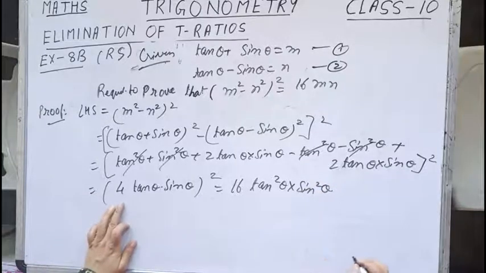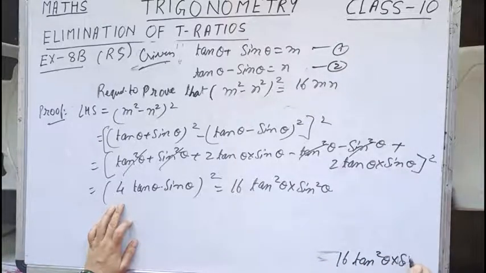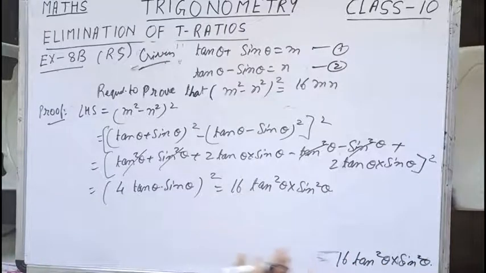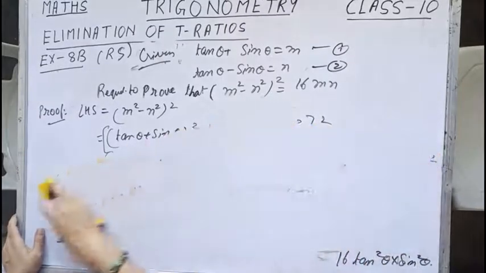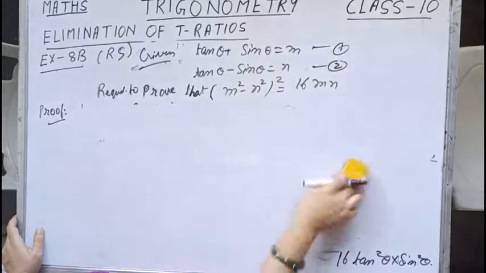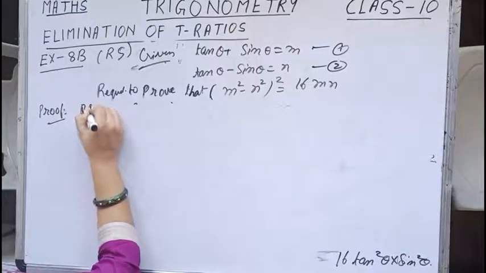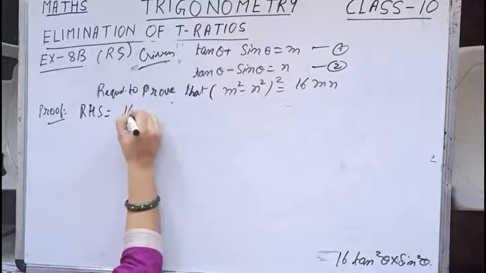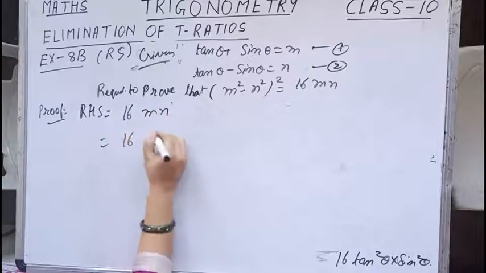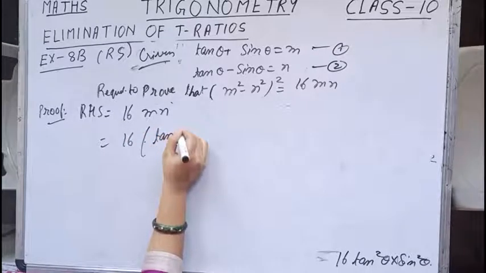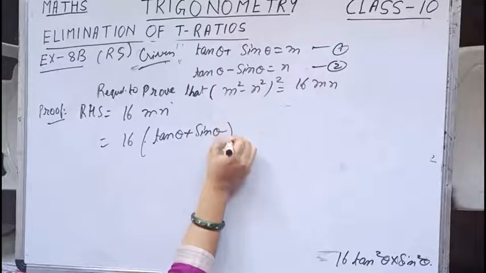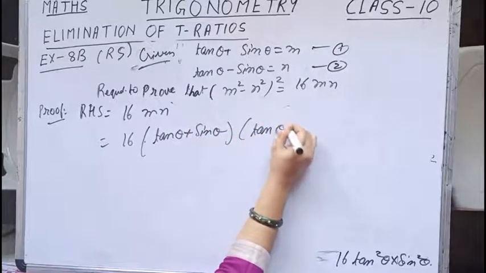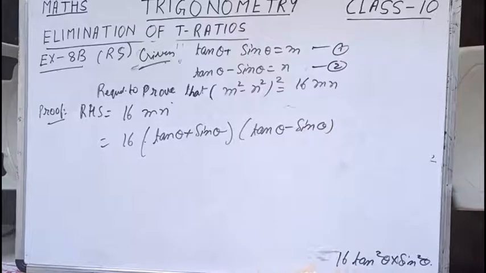So this will be 16 tan square theta into sin square theta. Now I have to solve RHS, so better I write what LHS is. So LHS is coming how much? 16 tan square theta into sin square theta. I am writing it over here so that I can remember the value of LHS. Now RHS equals 16 mn. So this will be equal to 16 into tan theta plus sin theta into tan theta minus sin theta. We have to get tan square theta into sin square theta.